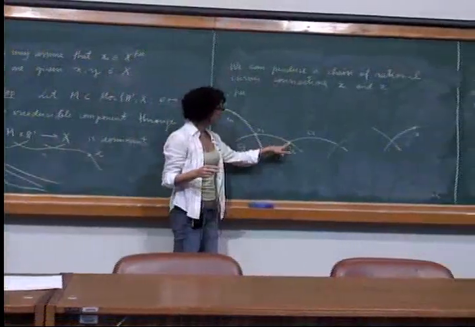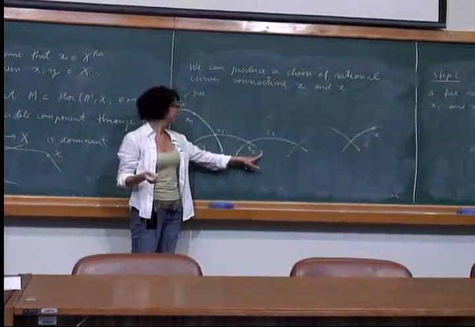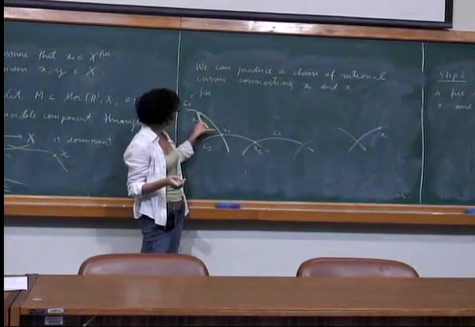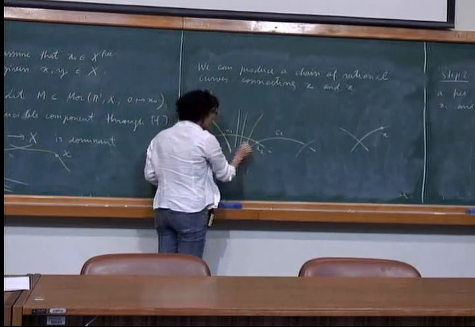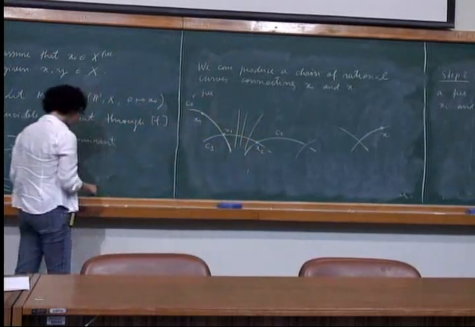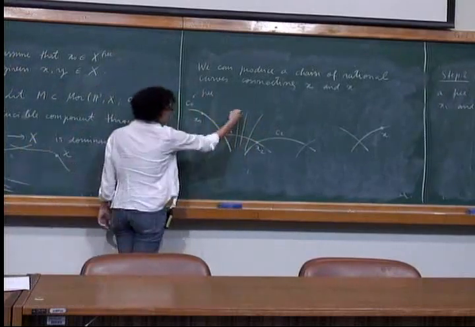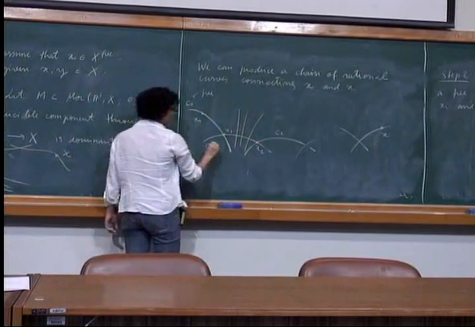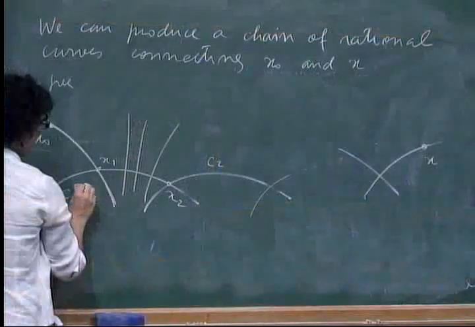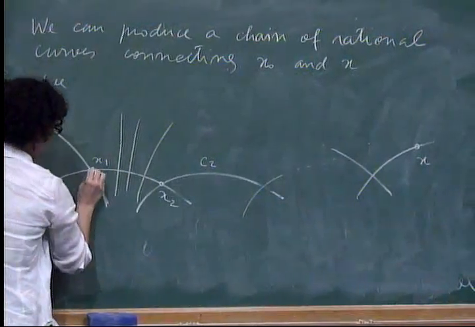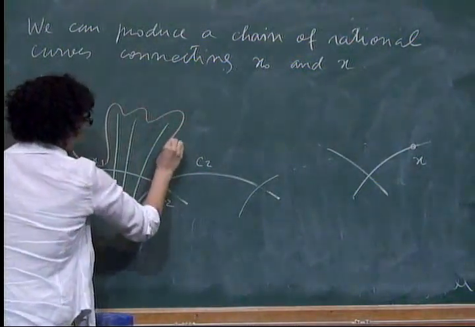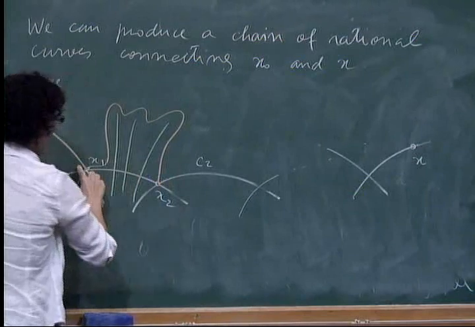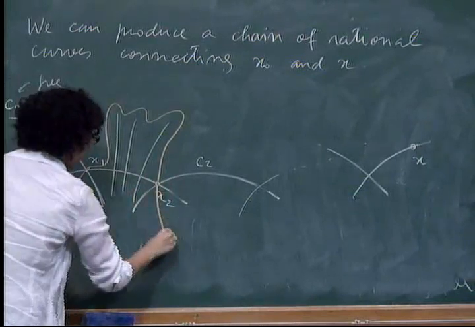The curve c1 may not be free, but once I have one free curve meeting it, I can produce other free curves that meet it, and then by taking sufficiently many free curves, I can deform their union keeping the points x1 and x2 fixed.